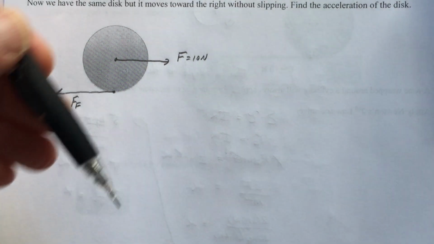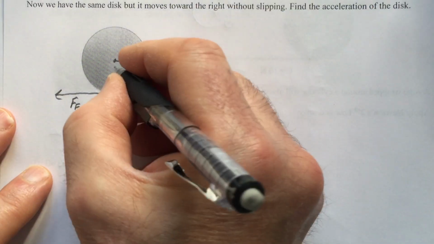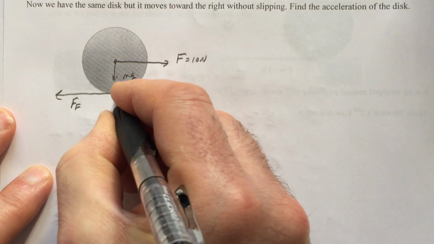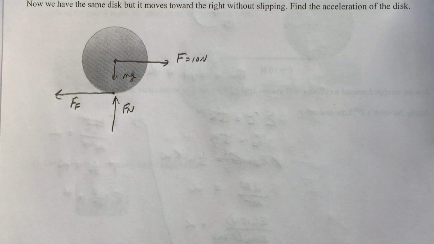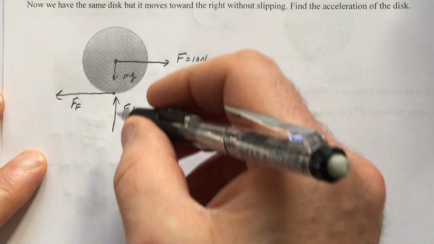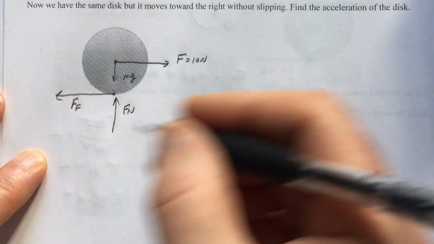It actually would start rolling along on the ground because of the force of friction. Of course, we do have our force of gravity acting downwards on it, and we've got our normal force acting up on it. Next thing we want to find out is how fast it's going to move. This time you can't ignore torque because this force of friction is going to make the thing start to rotate like that. I'm going to cheat a little bit.